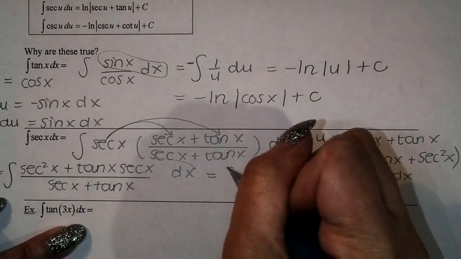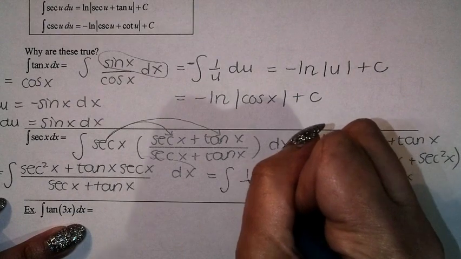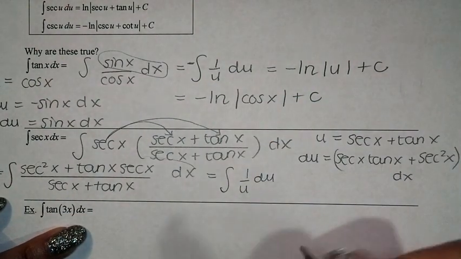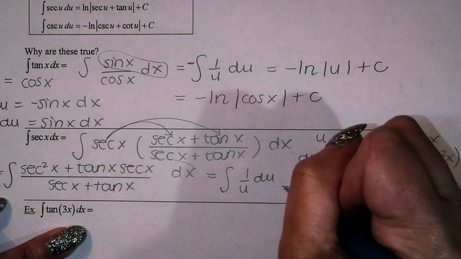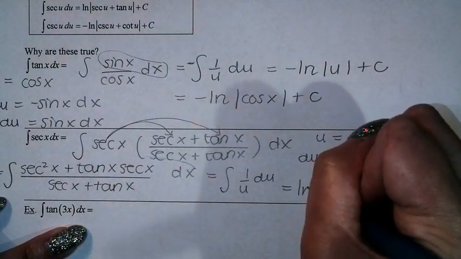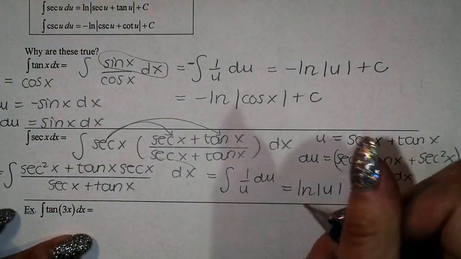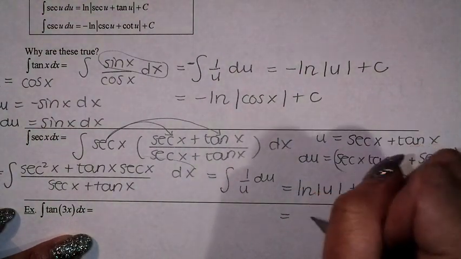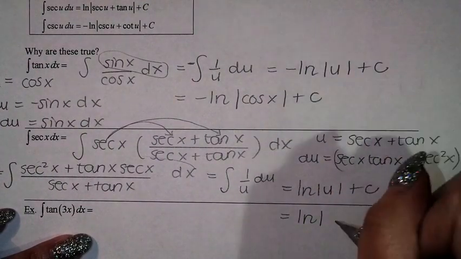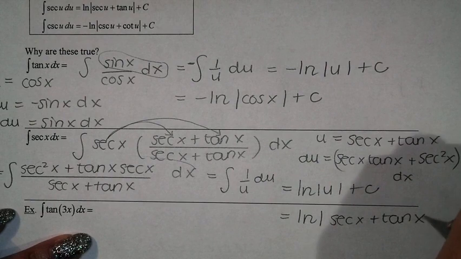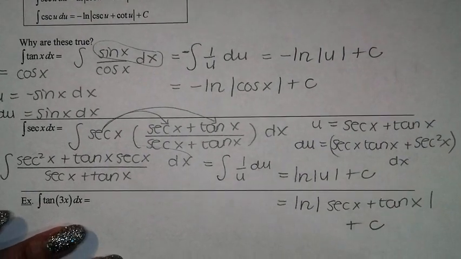This becomes an integral of 1 over u du, and from that you just apply the formula of the natural log. Therefore, this is going to be equal to natural log of the absolute value of secant x plus tangent x, plus c. And that's what we have.